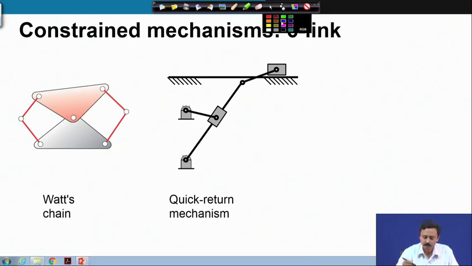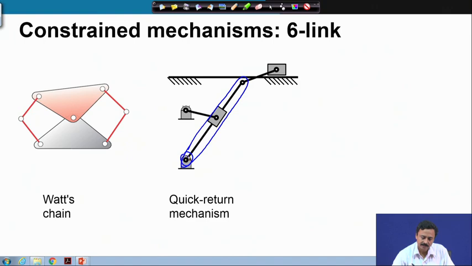So, let me show you what are the ternary links. As I have mentioned, this link is a ternary link. Why is this a ternary link? There is a revolute here, there is a prismatic here, and again there is a revolute here. So, this link is a ternary link. The other ternary link is the ground.